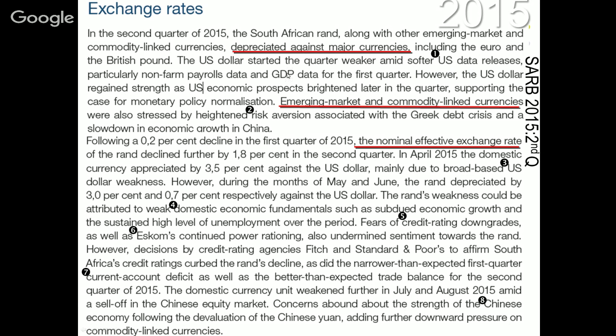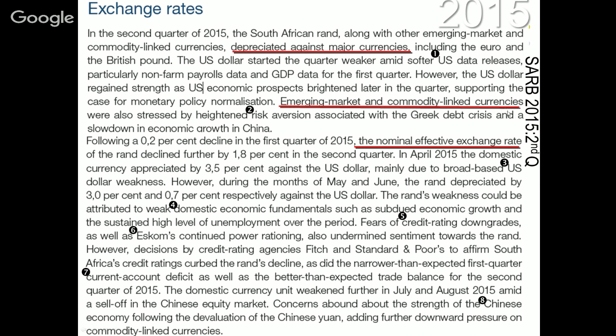US growth, GDP, US workers' income. That's important for South Africa because we have trade with them. And the exchange rate with the dollar is also important because many transactions happen in dollars, even if it's not specifically linked to trade with America. Okay, so there we have the first one.